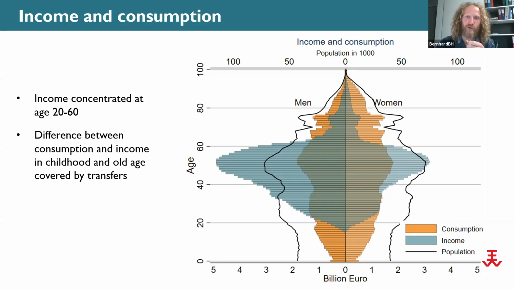total income in Austria. And yeah, you see that income is concentrated at age 20 to 60, and we also see this difference between consumption and income in childhood and in old age.